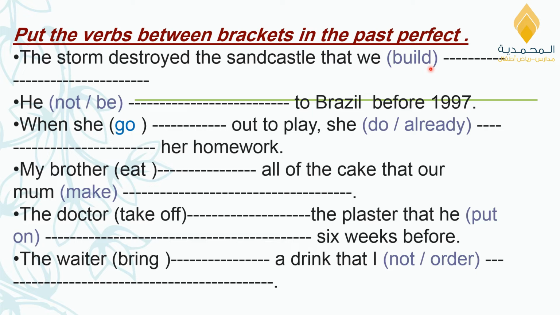Because which event or which action happened first? The building or the destroying? Yes. As you can see, we usually build something for it to be destroyed. So that's why with this part, we chose to use the past perfect. So that's why we say the storm destroyed the sandcastle that we had built.